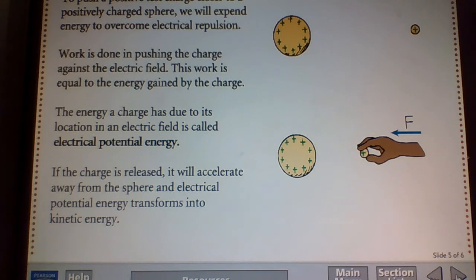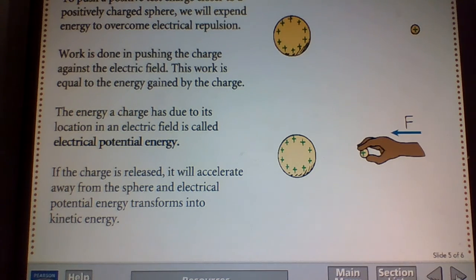Work is done in pushing the charge against the field, and this work is causing a gain in the electric potential energy. Any energy that a charge has due to its location is what we call electric potential energy, very much like gravitational potential energy is due to its position in the gravitational field.